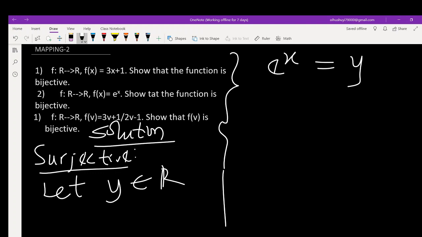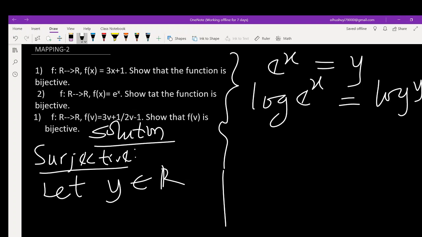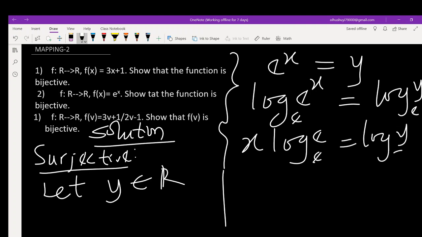And if you have it this way, if you take the log, you have log of exponential of x equal to log of y. That means x log e, with base e, equals log y. This becomes 1. x can be equal to log y, and you have base e.